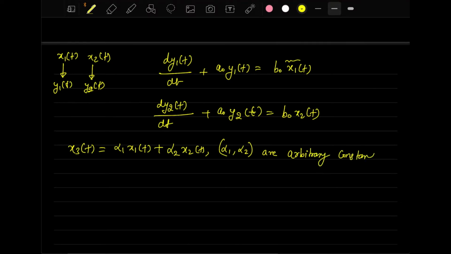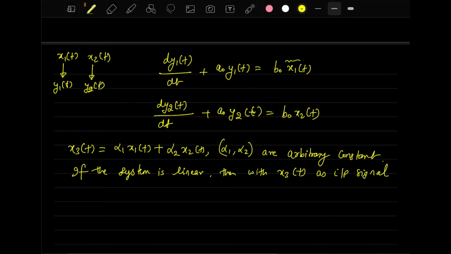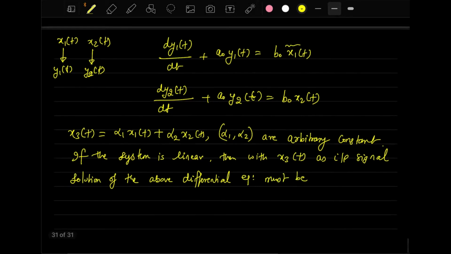So your alpha 1 and alpha 2 are arbitrary constants. If the system is linear, then with x3(t) as the input signal, the solution of the above differential equation must be, so what will be the solution?